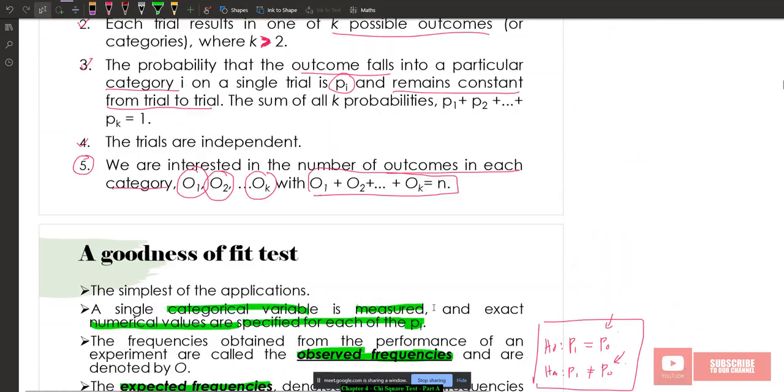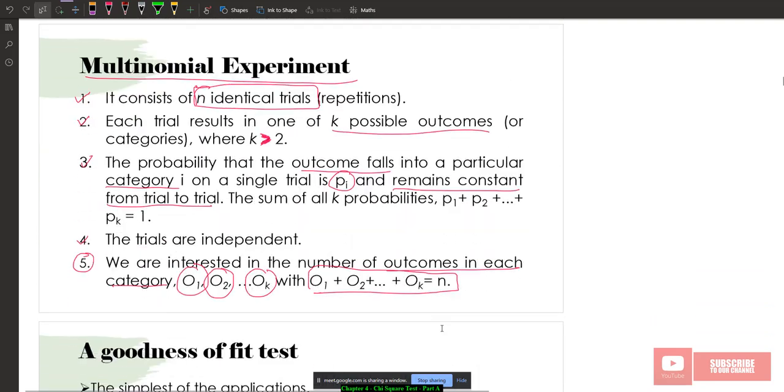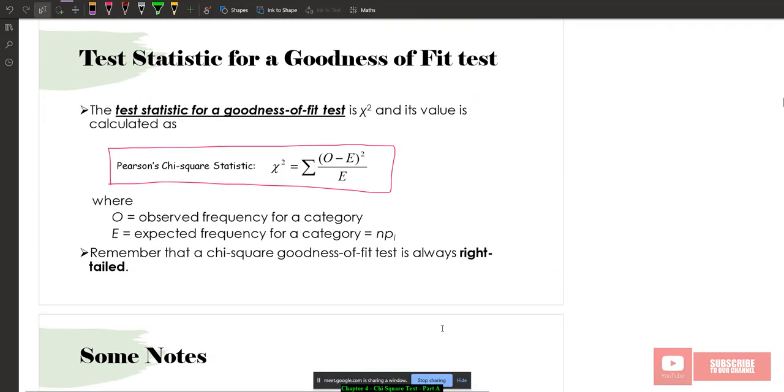So means that when you look at this table again, the expected frequency for each category, for each outcome, should be more than or equal to 5. Right? If you have less than 5, you cannot use this formula, right? You cannot use this formula, right? If you have the expected frequency for each outcome more than or equal to 5, then you can use this formula.